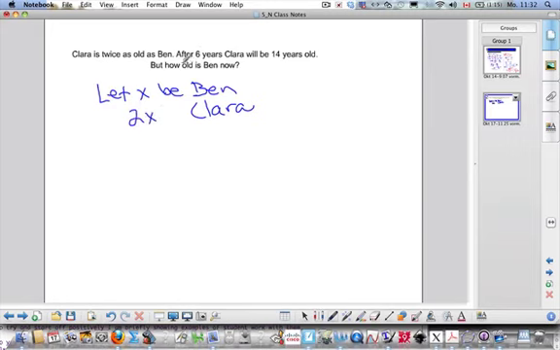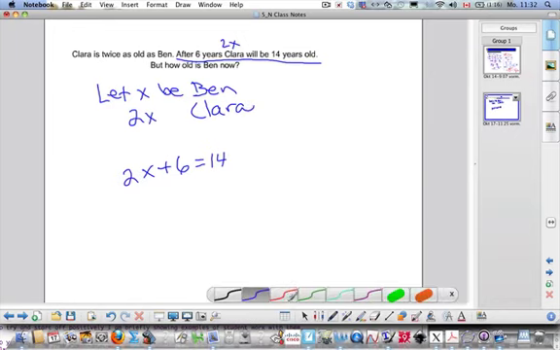Okay, so Clara is 2x. Now look at this sentence. After 6 years, Clara will be 14. So, in 6 years, when Clara is 6 years older, she will be 14 years old. So what I've just done is I've just taken this information and translated it into a mathematical expression.